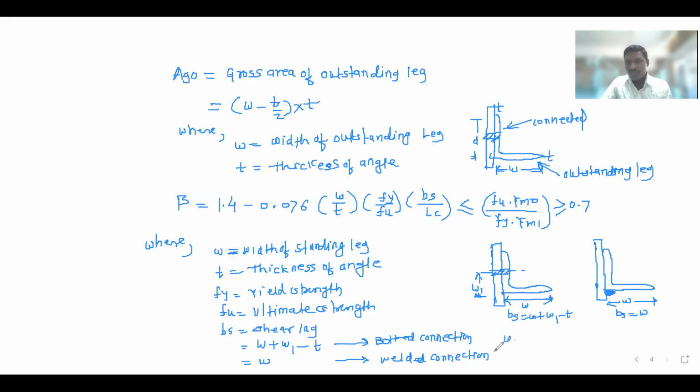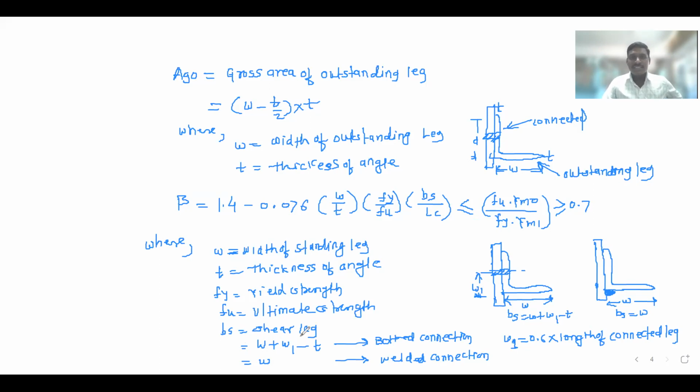So here W1 is equal to 0.6 into the length of connected leg. How to calculate W1? If you go to page number 33 of IS 800:2007, they have given it there.